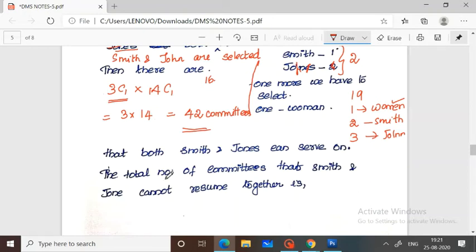Both can serve. Therefore the total number of committees that Smith and John cannot serve together, they two cannot work together, is, നമുക്ക് ആൻസർ എങ്ങനെ എഴുതാം?